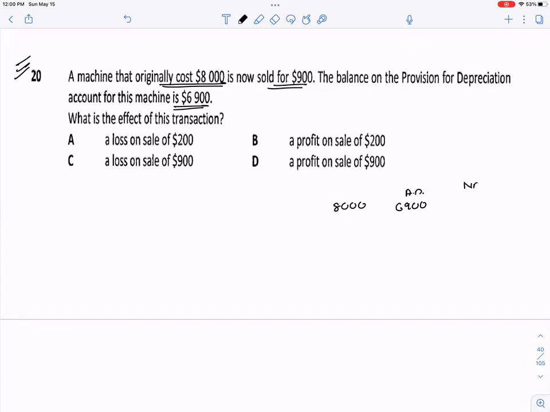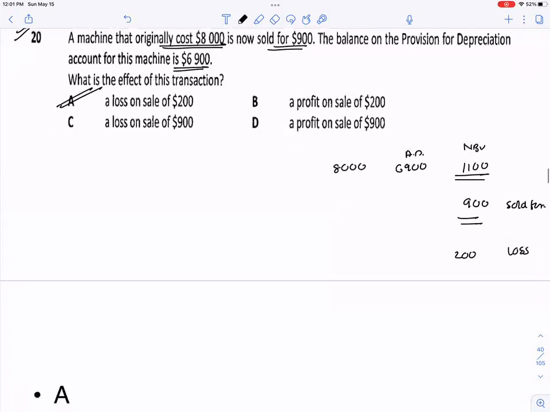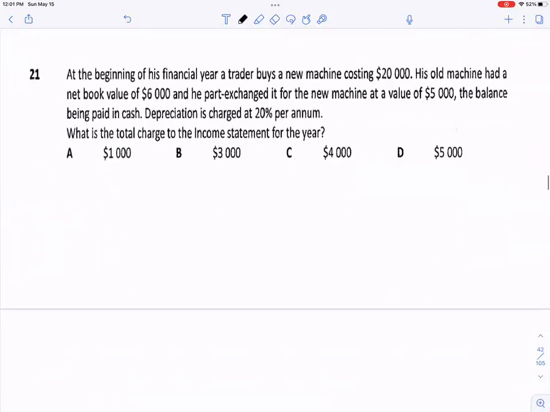So net book value is how much? 1,100. How much is it sold for? 900. Okay. Book value 1,100, sold for 900. That means you have a loss of 200. Okay, loss. Understood? Yes. Go to the next one.